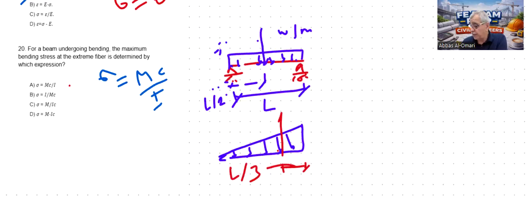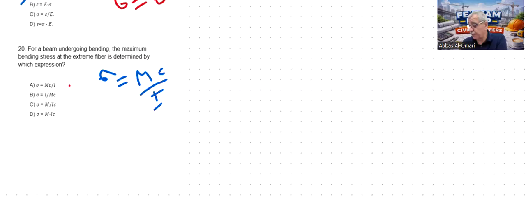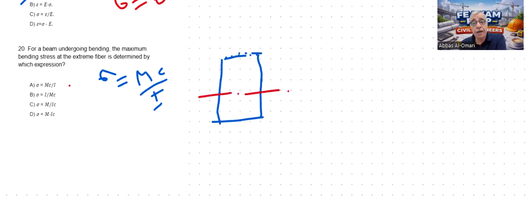Here, if we have a cross section, the stress varies along the cross section. If we have a rectangular cross section, for example, with a center line, and this member is subject to a moment M, the stress changes across the cross section.